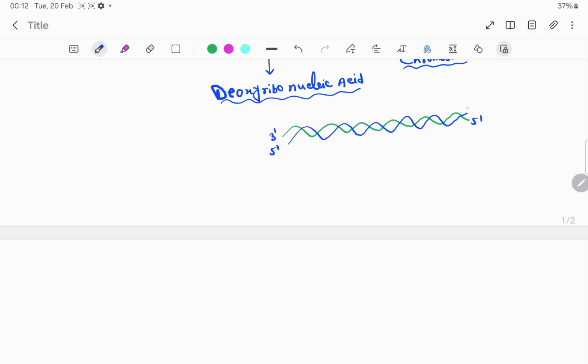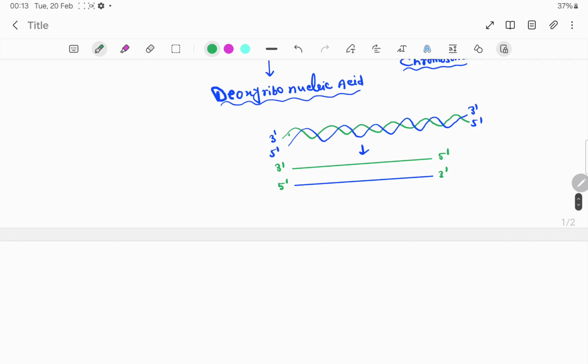Another is in 5 prime to 3 prime direction. That means these two strands are anti-parallel in nature. Why have I told you this anti-parallel? Because the direction of one strand is 3 prime to 5 prime, and the other strand's direction is 5 prime to 3 prime. So it is anti-parallel in nature.